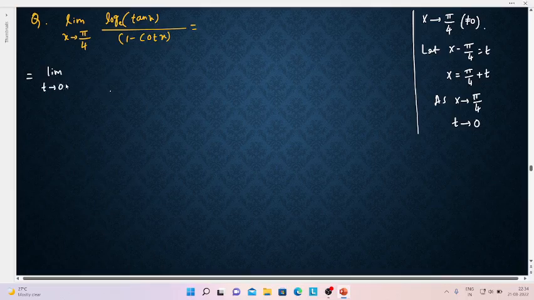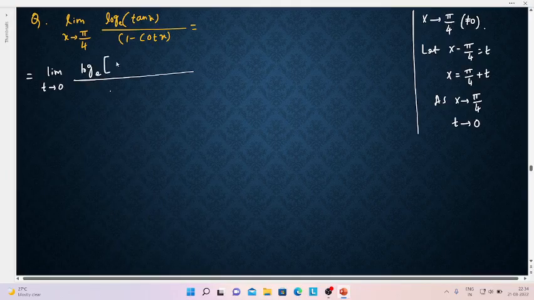So it will become limit t tends to 0. On the numerator it will have log base e of tan, and in the place of x we have pi by 4 plus t, right?